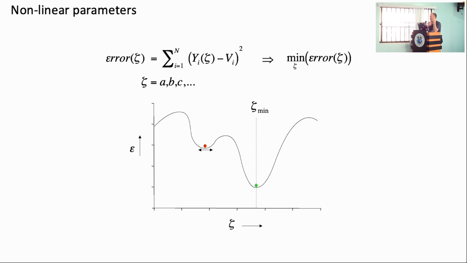Okay, so we have multiple parameters. And I'm going to call them the letter zeta. The zeta is the collection of all the parameters. So it's the position and the orientation and the strength. Of course there are multiple parameters, but that's difficult to plot, so I'm just plotting all the parameters along the horizontal axis. Then what you can imagine is that we compute the model potential and we compare that with the measured potential.